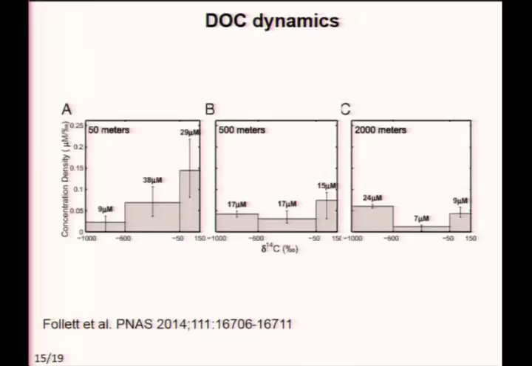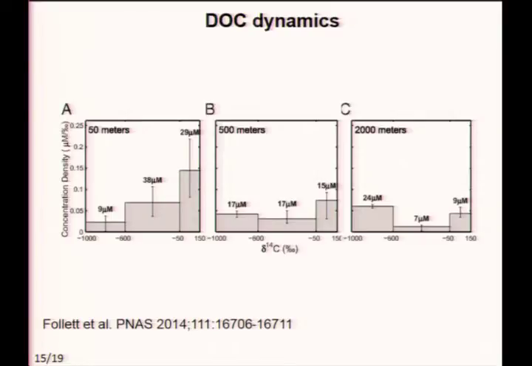So this is another recent paper by Chris Follett. Take this as an indication of relative abundance. This is essentially using carbon isotopes to work out the age of DOC, different age fractions within the twilight zone. And what I want to focus on is the rightmost column in each case, which is the fresh material. Okay, so that is hopefully analogous to the stuff that's recently sunk.